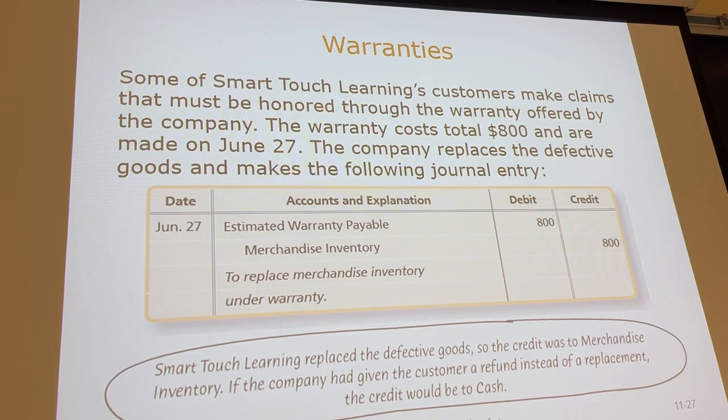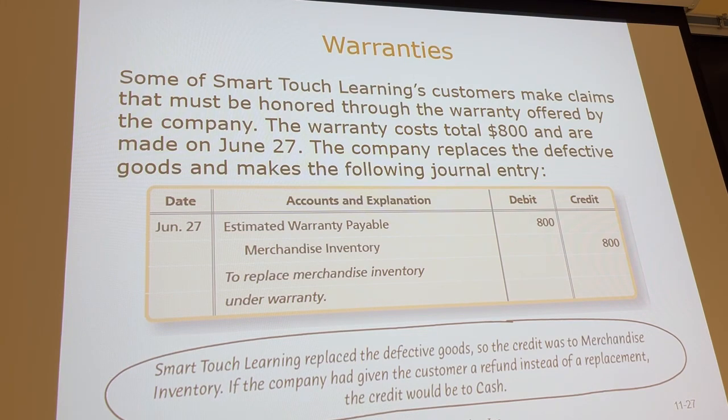Now, there may be other examples where the way that you satisfy a warranty claim is that you repair the customer's product instead of replacing it. And so if you repaired it, then the account that you credit, instead of being merchandise inventory, could be cash, it could be accounts payable, it could be wages payable, it could be a number of different things.